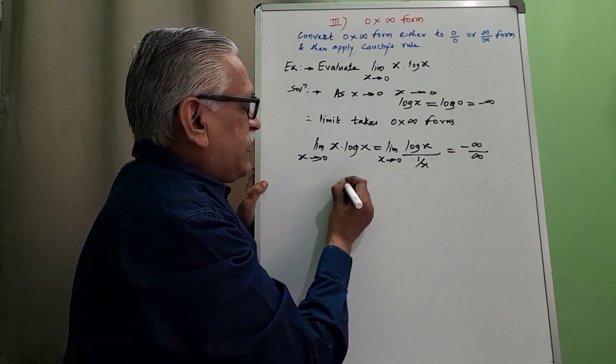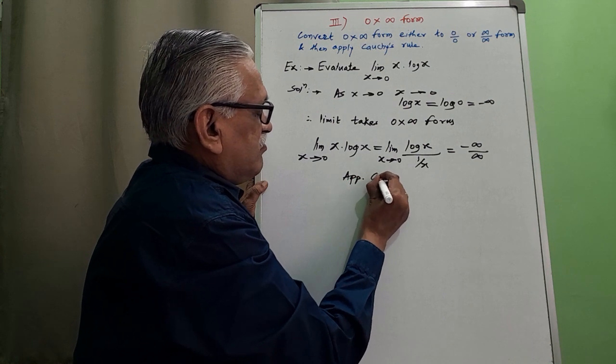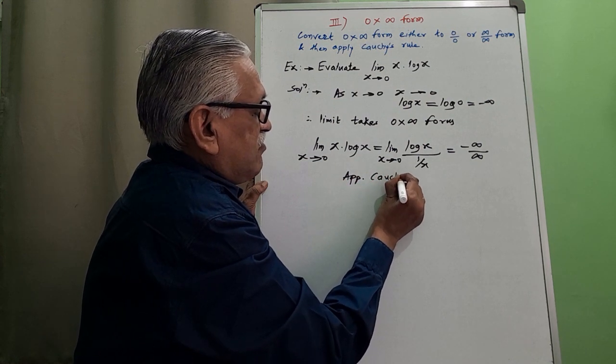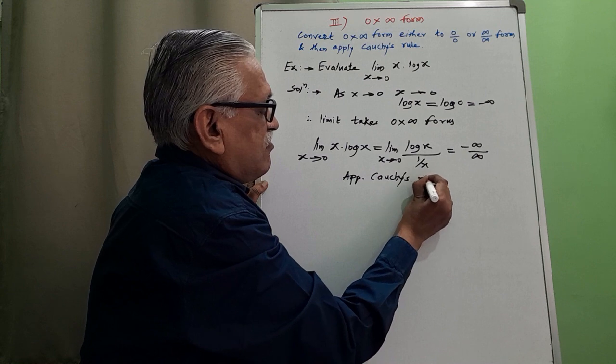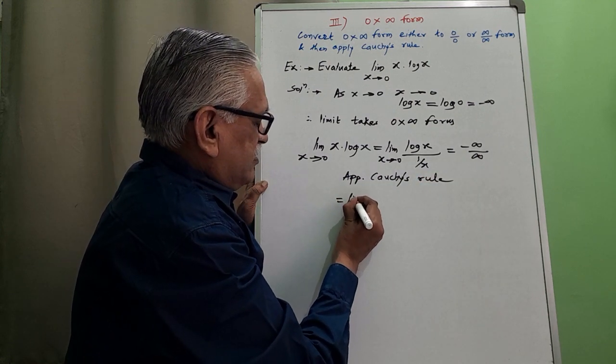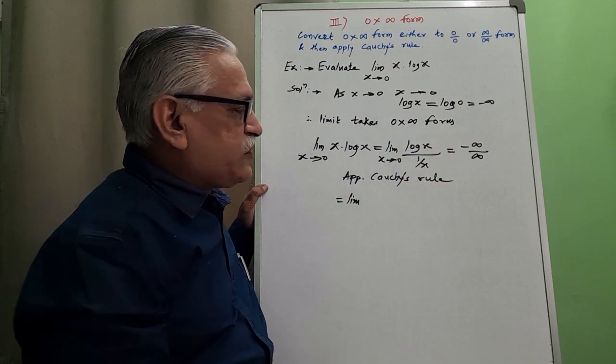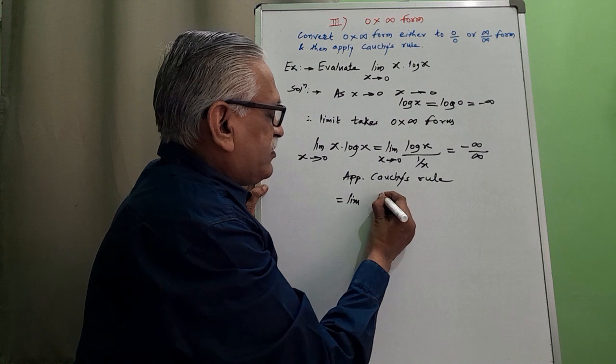And as we get infinity by infinity form, applying Cauchy's rule. Therefore, it is limit. Differentiating numerator and denominator with respect to x separately, derivative of log of x is 1 by x.